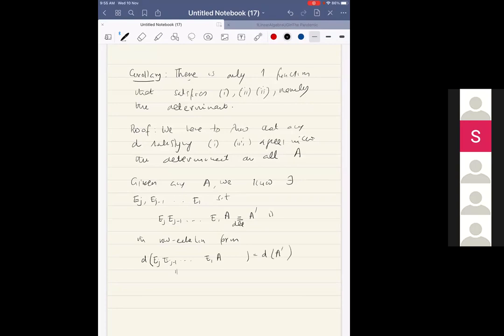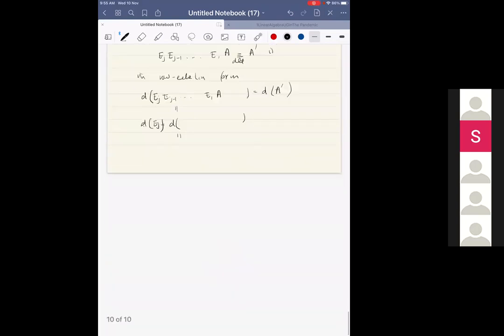But by what we have already proved about D, whenever I multiply on the left by an elementary matrix, this is equal to D of Ej times D of the rest, and then you do it again. So finally this is D of Ej minus 1, and so on, times D of E1, times D of A, equal to D of A prime.